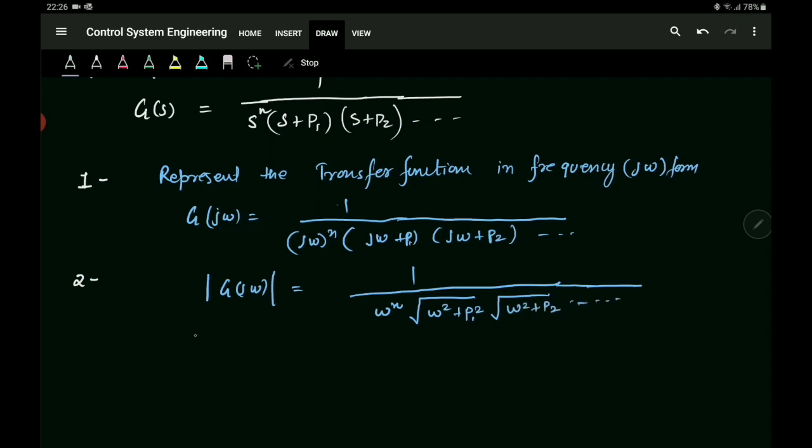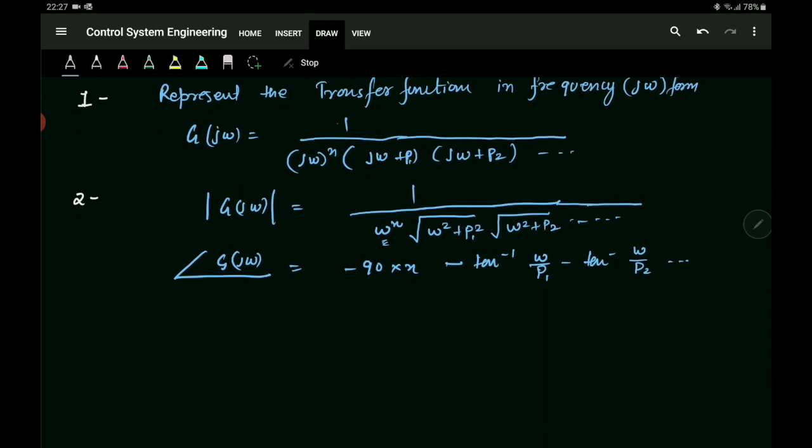The angle of the system G(j omega) is equal to 90 multiplied by n, because it is a pole at the origin, so it contributes a 90-degree angle multiplied by the number of poles it has, minus tan inverse of omega by p1, minus tan inverse of omega by p2. So this is the second step.